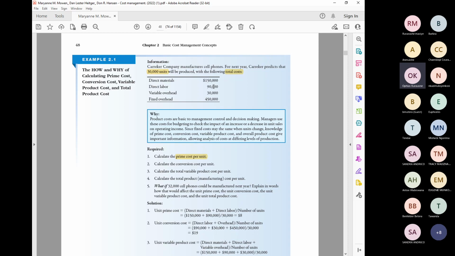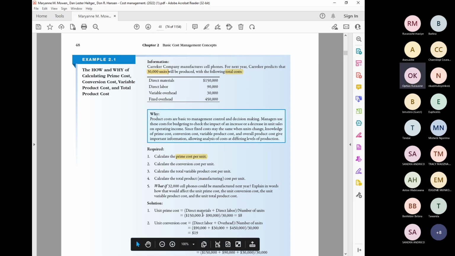Make sure that when you are adding or subtracting cost per unit, you are using everything per unit. Convert everything per unit. If you want to convert to overall products, make sure that everything is for overall products. You don't mix items.